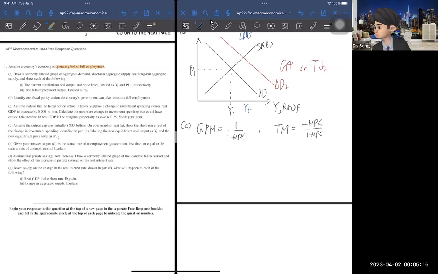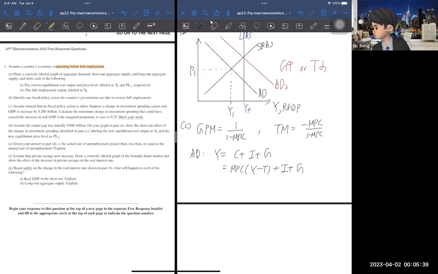You start with the aggregate demand equation: Y equals consumption plus investment plus government spending. Consumption is MPC times disposable income, and disposable income is Y minus T, plus investment plus government spending. Let me arrange this equation. Let me shift MPC times Y to the left-hand side.